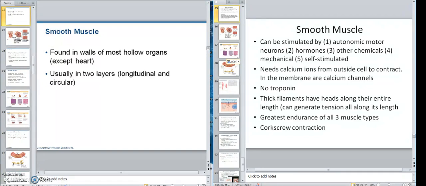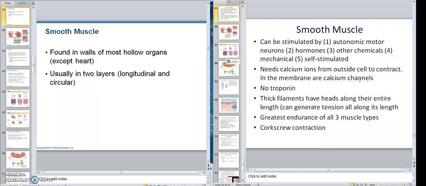Quite a bit. So what you have in smooth muscle and cardiac in the cell membrane are calcium channels. Now this becomes big in pharmacology. Therefore, if we gave a calcium channel blocker, it would relax smooth muscle and cardiac. The calcium channels, when I get to smooth in A&P2, are a little bit different than cardiac.